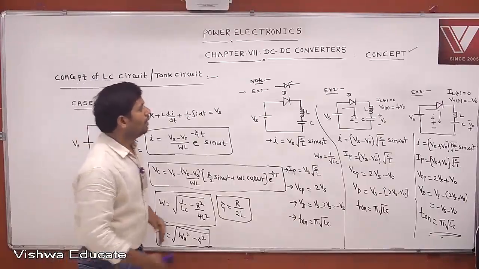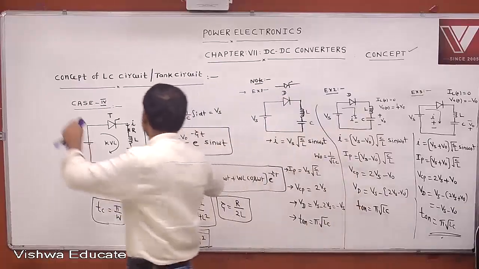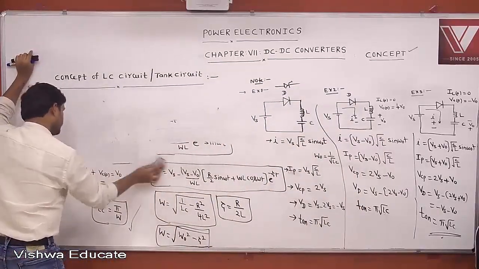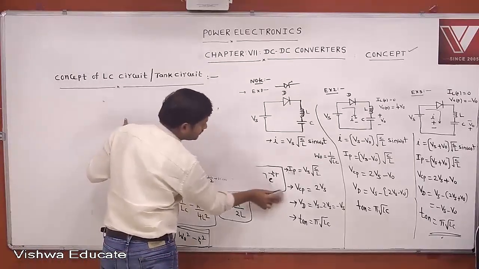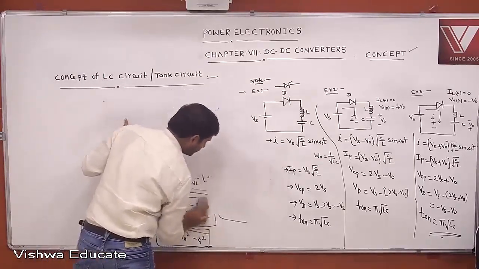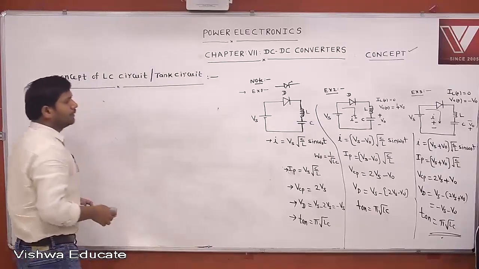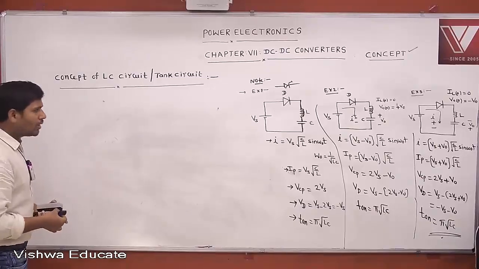Okay. One more observation. If the circuit is given like this, concentrate. All these are derived by applying the Fourier analysis. How to apply the Fourier analysis?